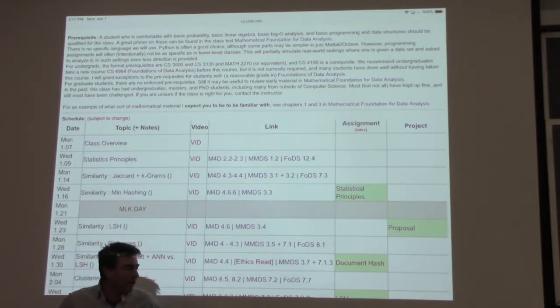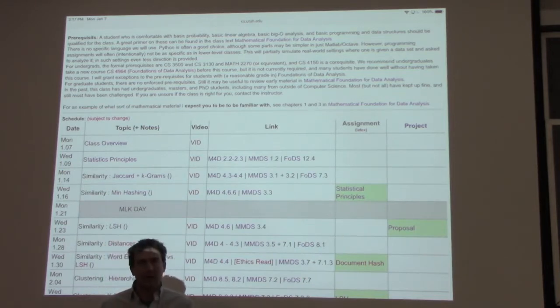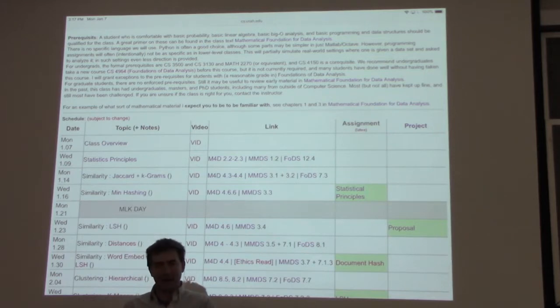A lot of the language we'll use to describe how the algorithms work, how the data is presented, and to talk abstractly about data will be through linear algebra.